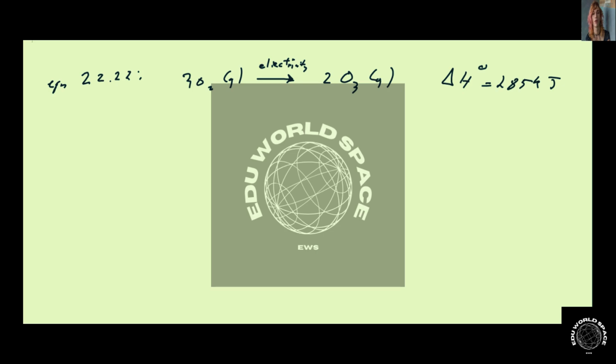Okay, so if we go to Appendix C, the delta G of formation for ozone is 163.4 kilojoules per mole.